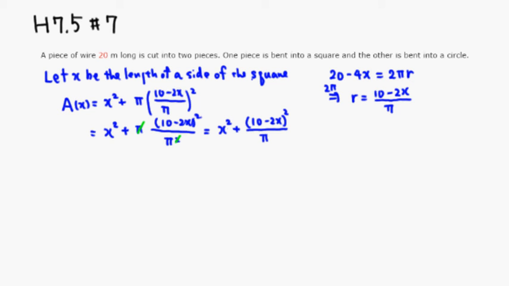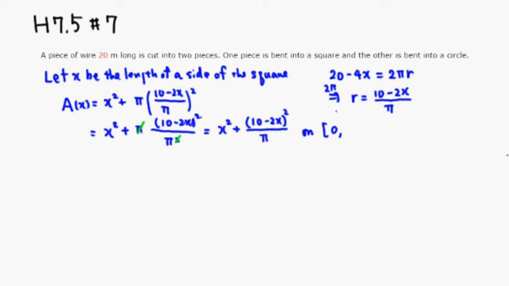So we know that the minimum is going to occur at the critical number, and the maximum will be at either endpoint. So what would be the endpoints? Is there any restriction on the x value? There's no reason not to use all of the wire just for the circle, so x could be 0, and you don't use any for the square.